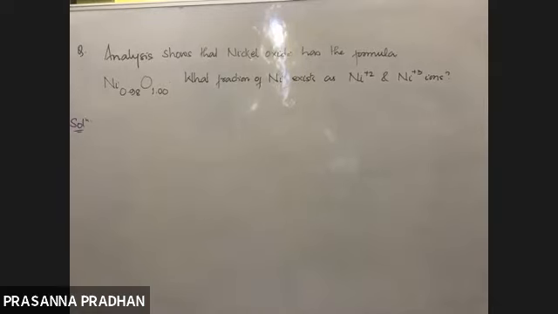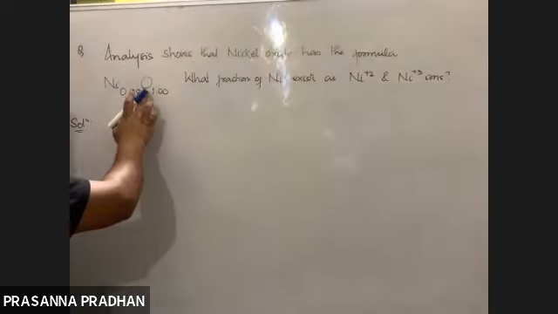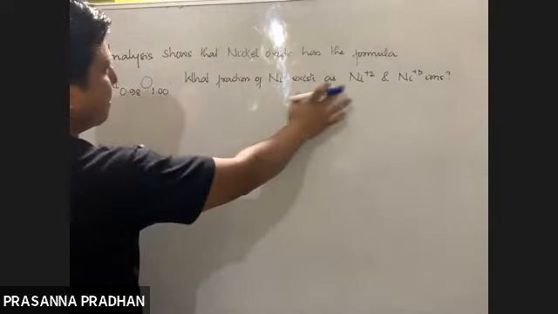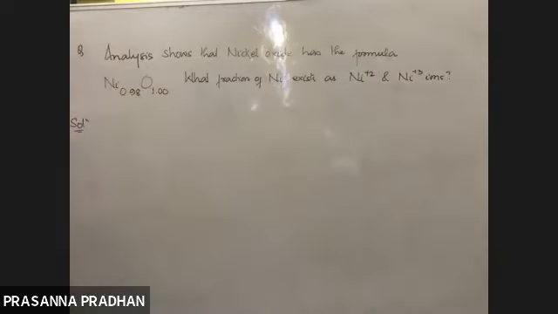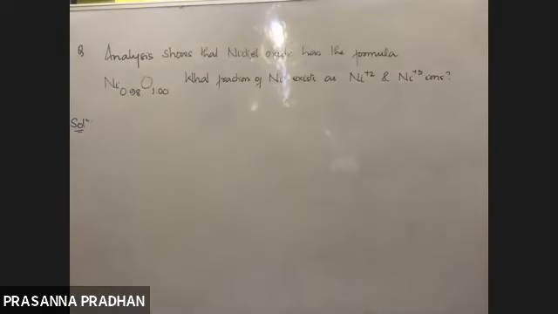Okay, so analysis shows that nickel oxide has the formula Ni0.98 O1. What fraction of nickel is in each oxidation state? Okay, this formula, what type of defect is it depicting?